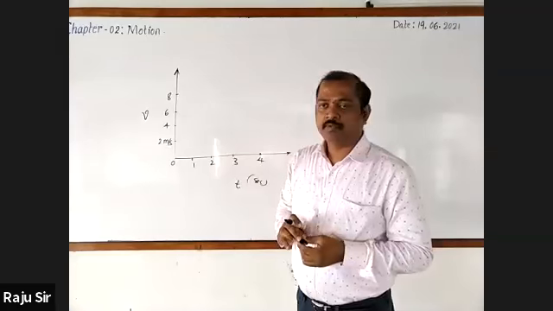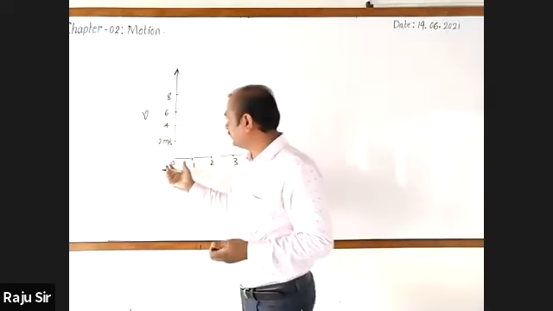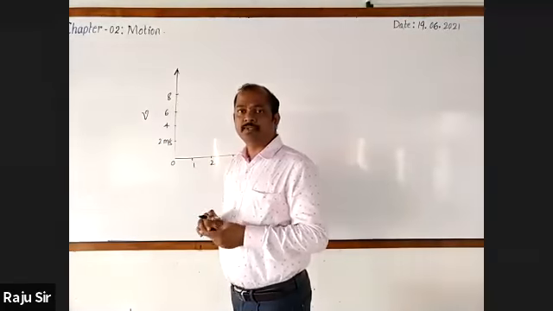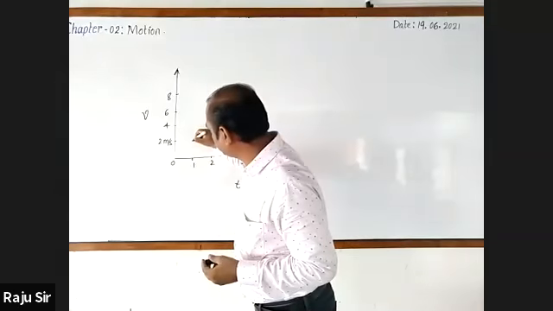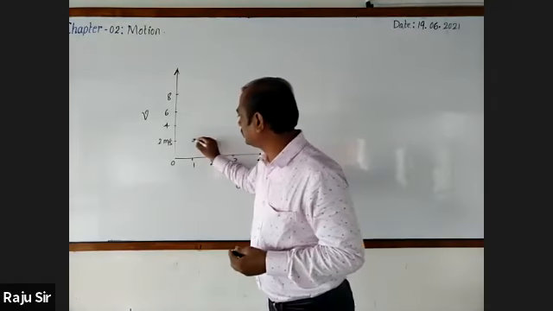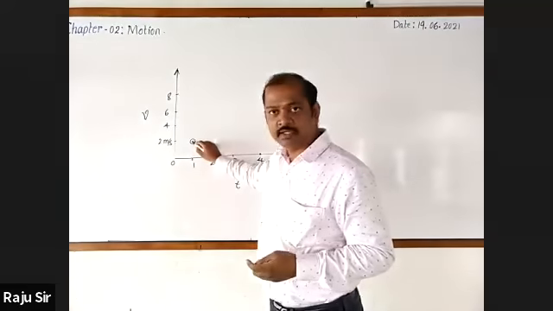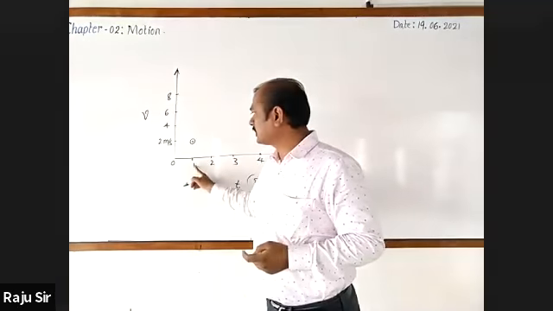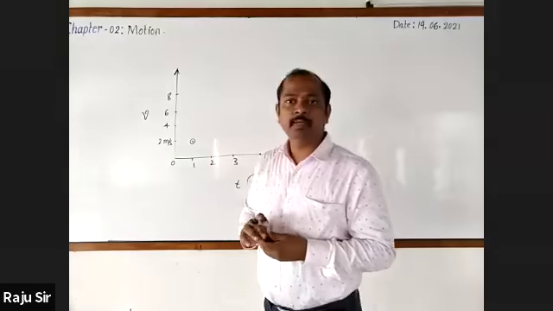Assume that a body has attained the speed 2 meters per second in the first second. I can represent that in the graph with a point like this. So this point indicates that after 1 second, a body has attained the speed of 2 meters per second.